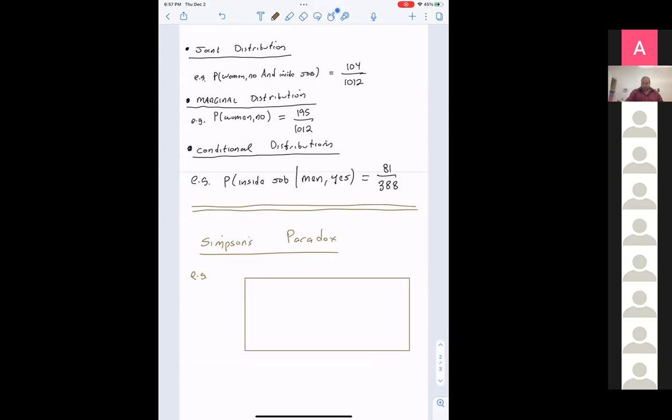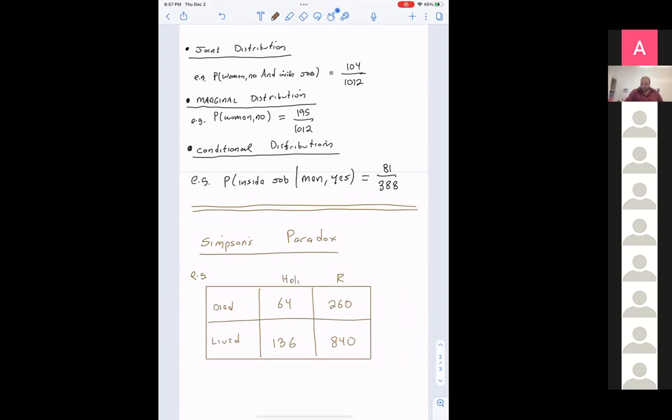We have died and lived. We have went by helicopter or by road. And this is the data that we have. So this is my two-way table.